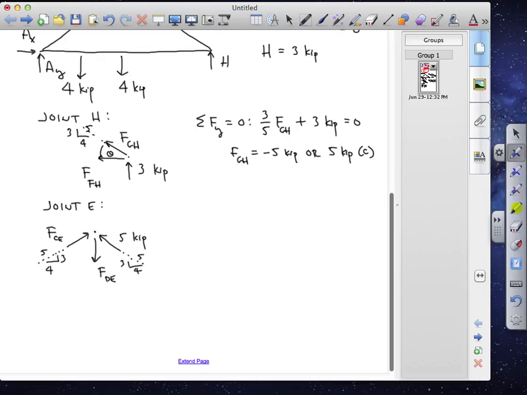Okay, so here we need both horizontal and vertical force equilibrium.